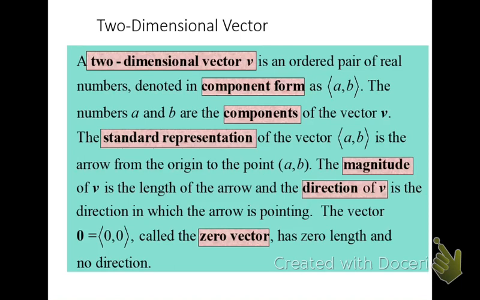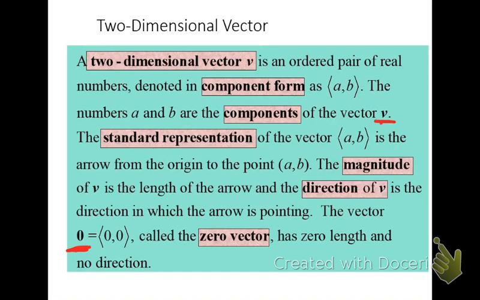With the arrow pointed from the origin to the point, the magnitude, and we'll get a formula for that in a minute, is going to be the length of the arrow, how long is that arrow. And then the direction is which way the arrow is pointing. Now the zero vector specifically: notice that notation-wise, this one is bolded zero, because when we name vectors, they do get bolded.